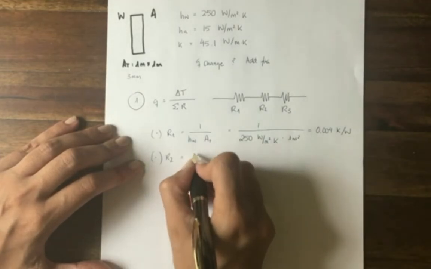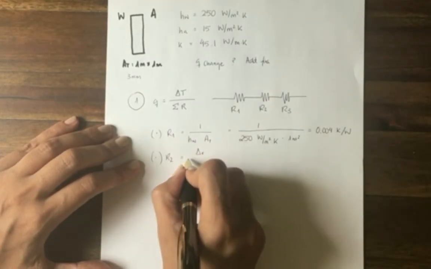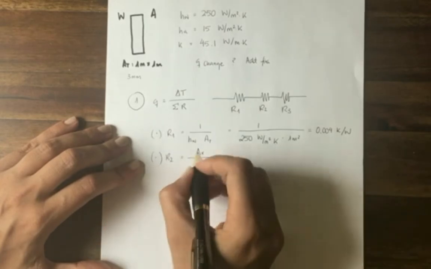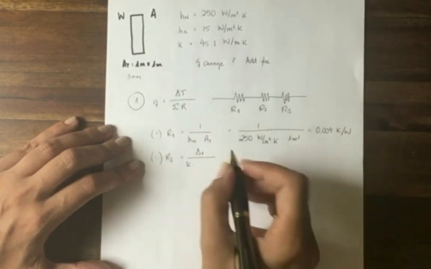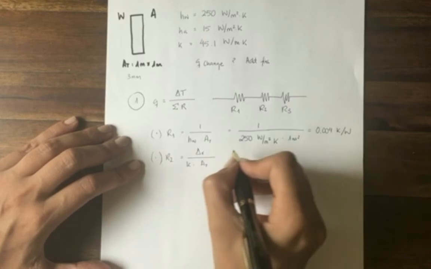What about the thermal resistance related to the conduction? R2 is equal to the thickness, delta x, over the thermal conductivity k times the total area.